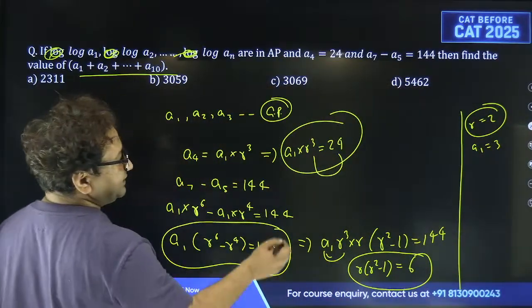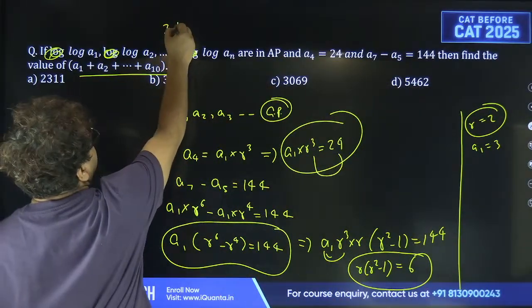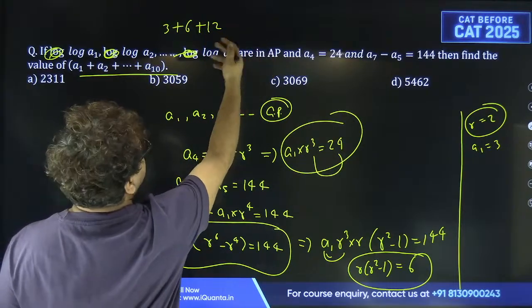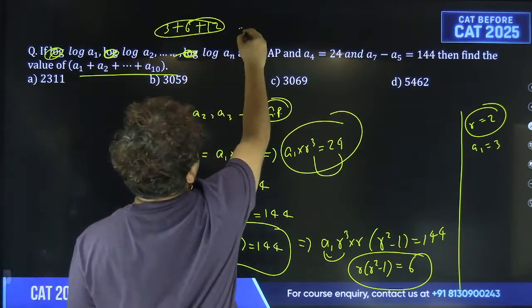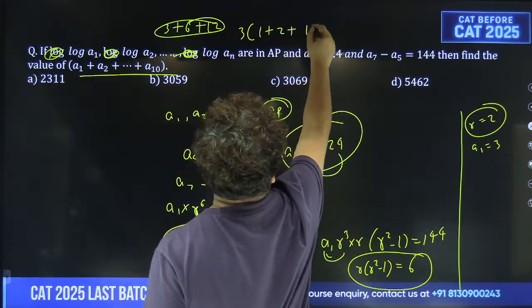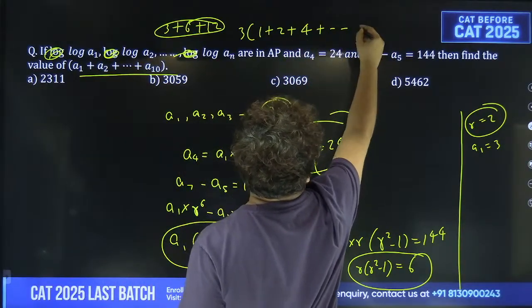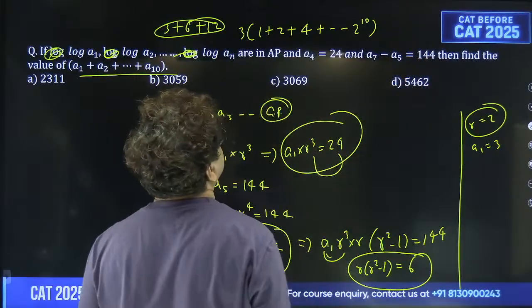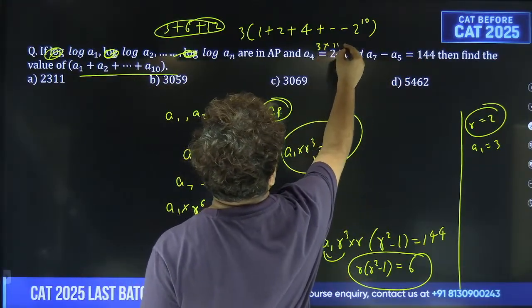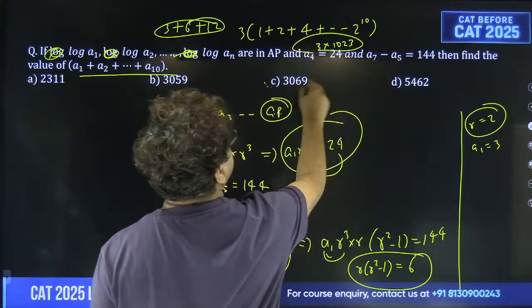The values are like this: 3 plus 6 plus 12 and so on, multiplying by 2 each time. Let's take 3 common. So 1 plus 2 plus 4 and so on till 2 to the power 9. The sum will be 1023. 3069 is the answer. Yeah, right.